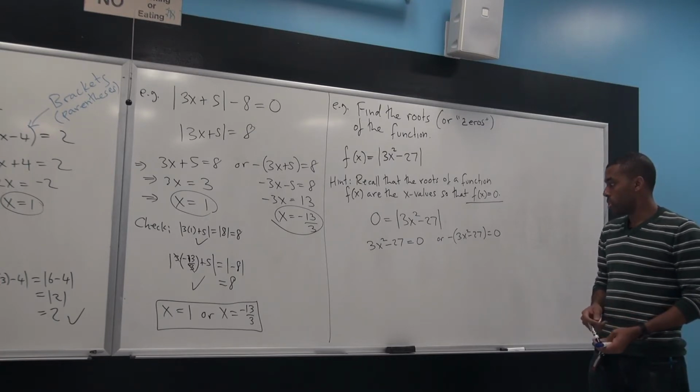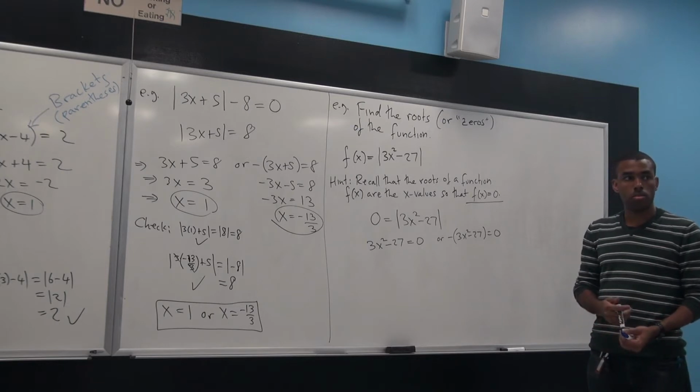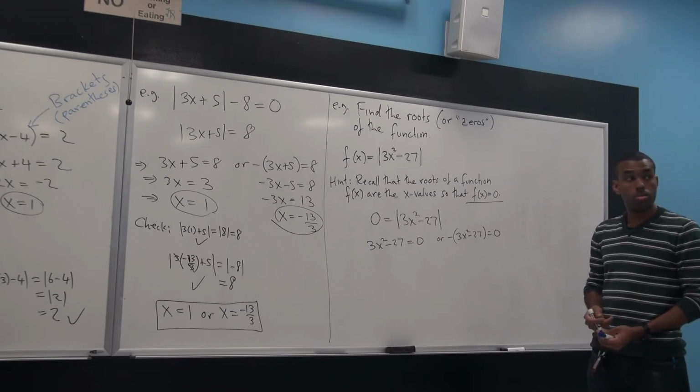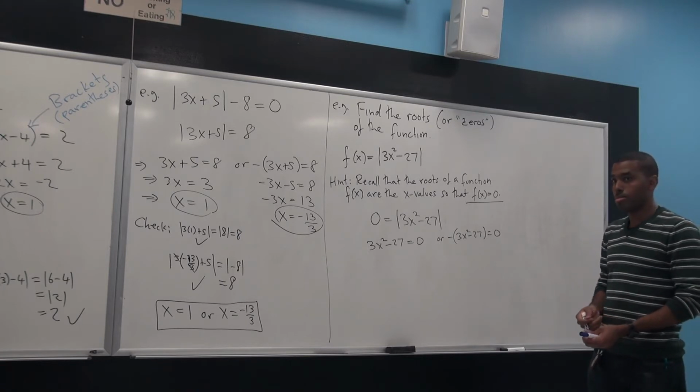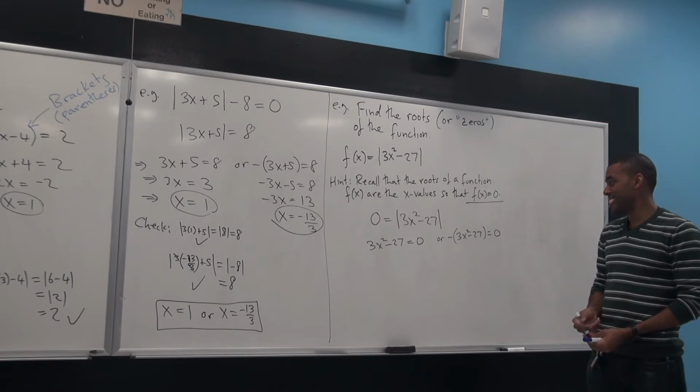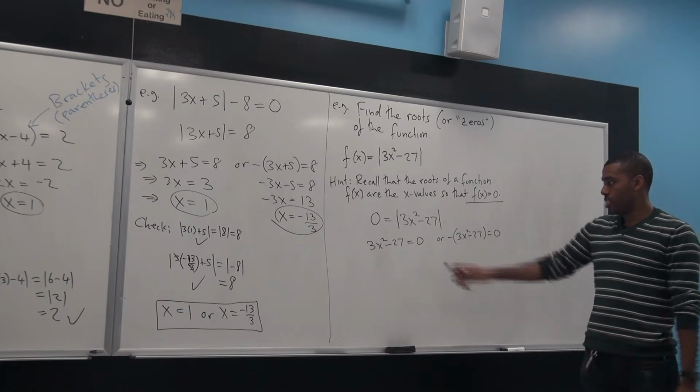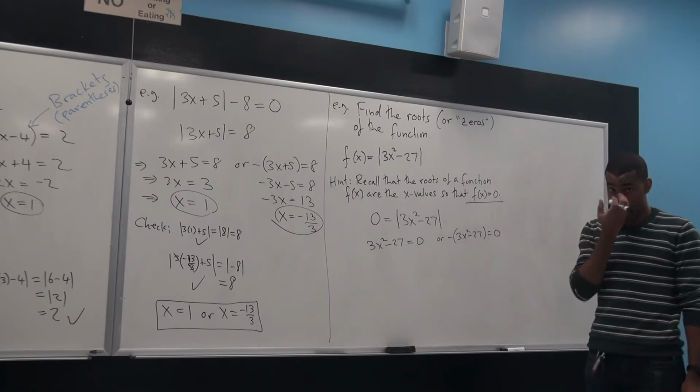Do you have to solve both of these now? It's 0 on this side. What does that mean?